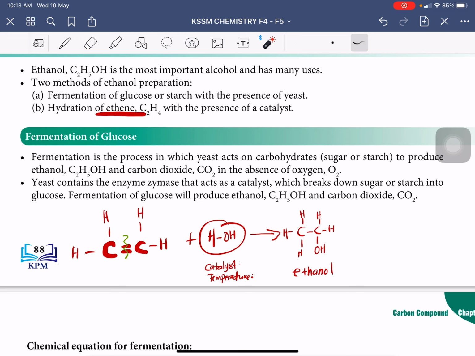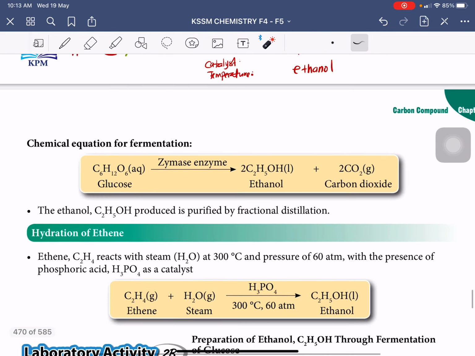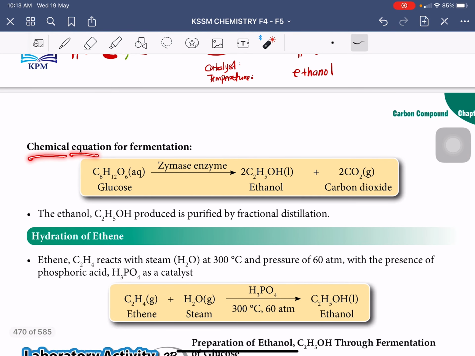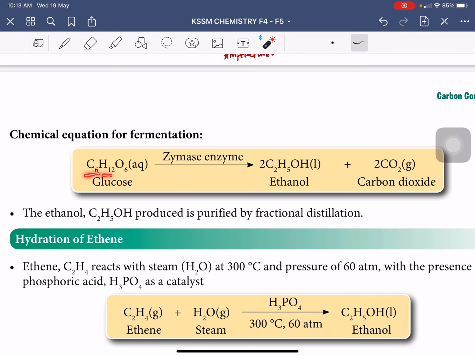That's why your bun jadi besar dan kembang, sebab ada gas karbon dioksida. Chemical equation for fermentation. Glucose, C6H12O6, with the help of zymase enzyme in yeast, di dalam yeast, will produce ethanol and carbon dioxide.